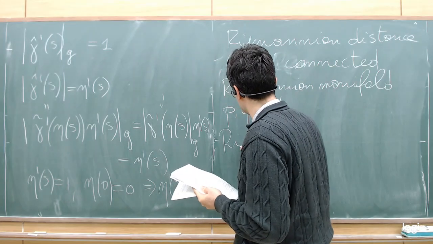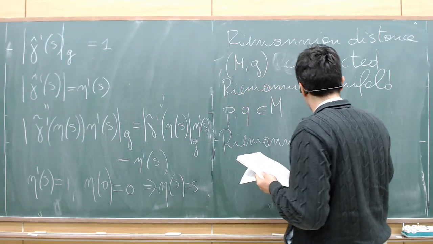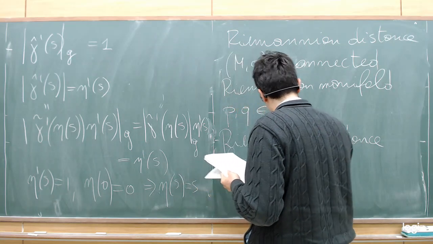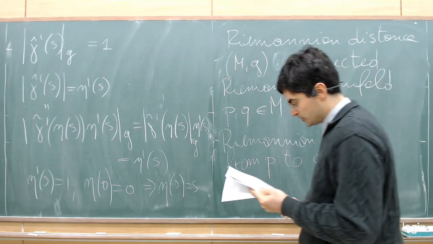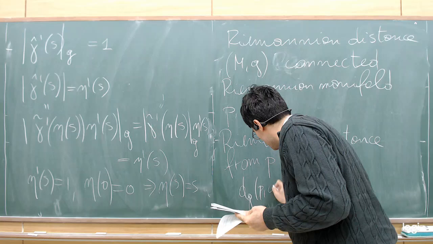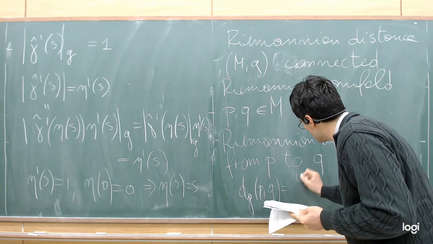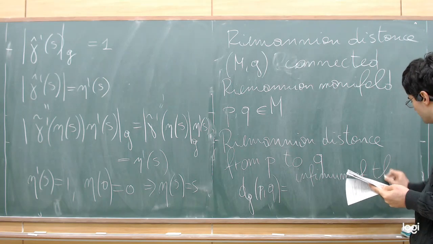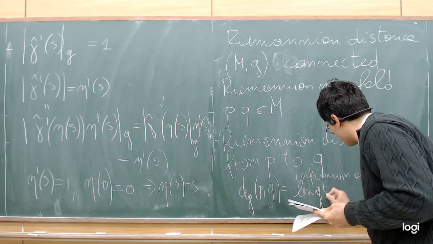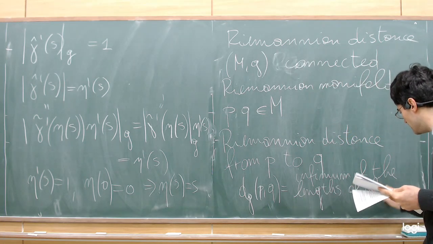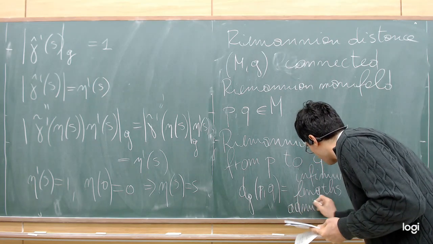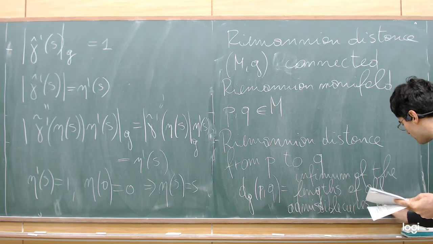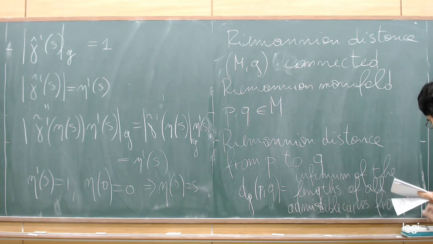Then the Riemannian distance from p to q, denoted by d_g(p, q), is the infimum of the length of all admissible curves from p to q.